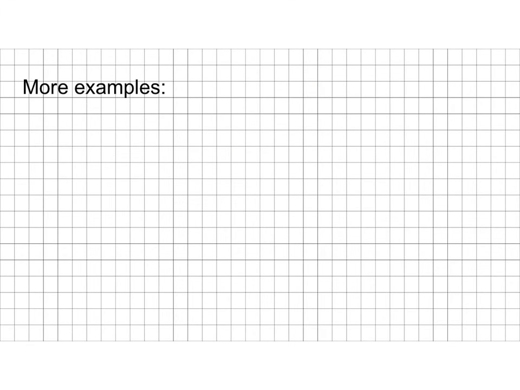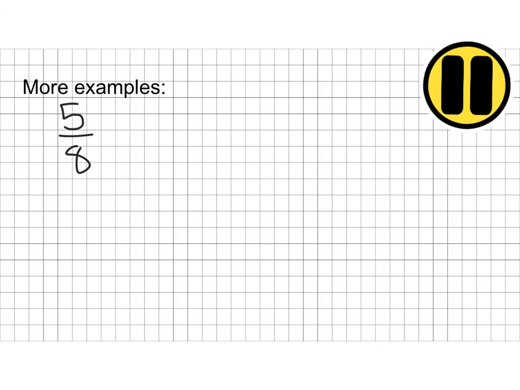All right, so now we're going to do one that most people don't just know off the top of their head. We're going to do 5/8. So take a moment and set that up. Make sure you're setting it up correctly. So I set this up as 5 divided by 8. Now go ahead and try and solve.